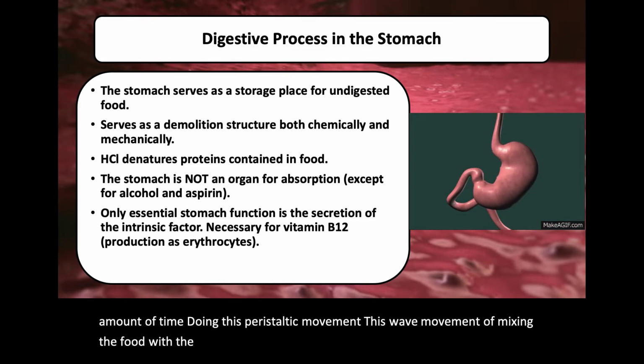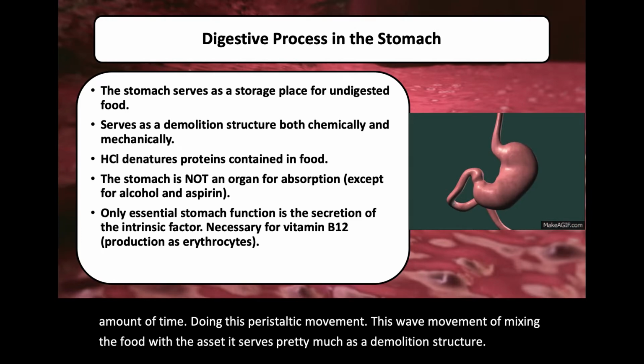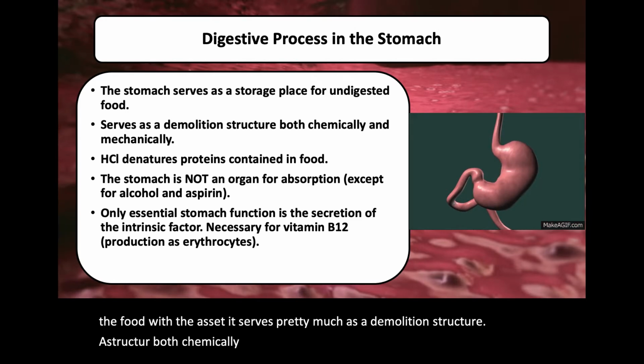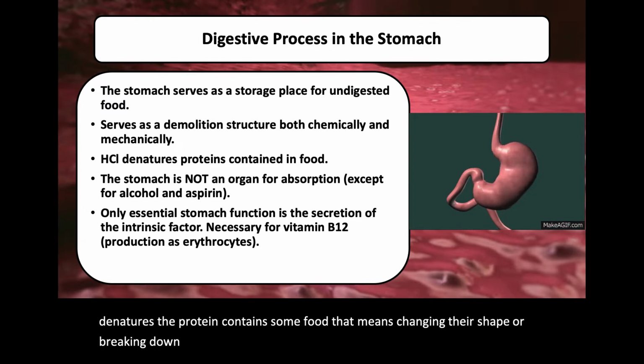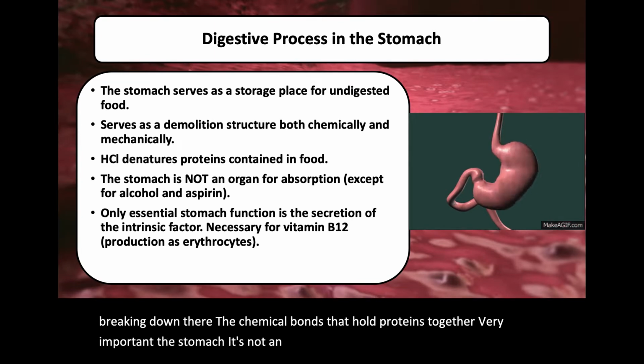It serves pretty much as a demolition structure, both chemically and mechanically. The acid in the stomach denatures the protein contained in food. That means changing their shape or breaking down the chemical bonds that hold the proteins together. Very important: the stomach is not an organ for absorption.